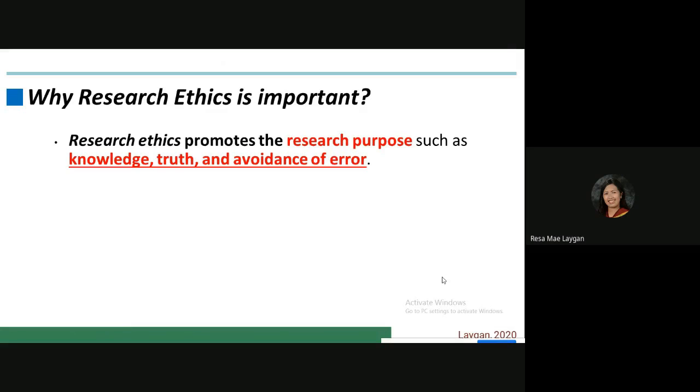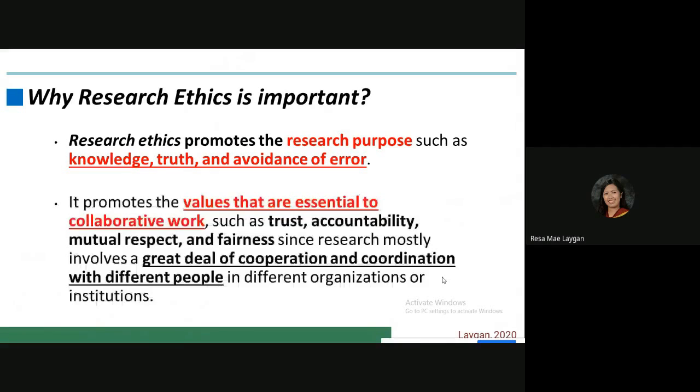Avoidance of error: you have to make sure that your research is of high quality and there are no errors. That is why you have to check your research paper through a plagiarism checker, because that is also one of the indicators in measuring the integrity as well as the quality of your research.